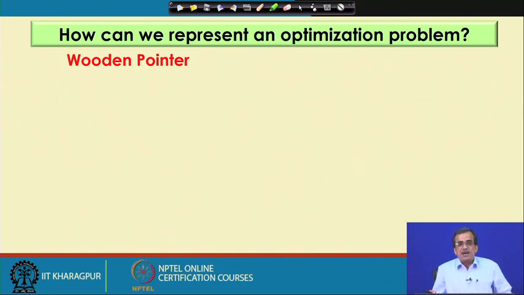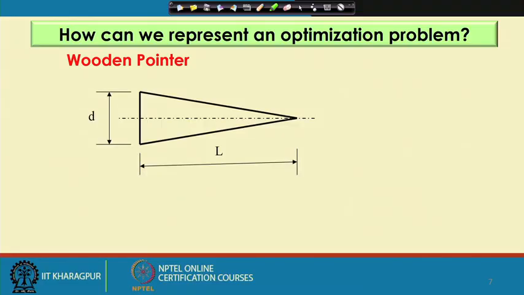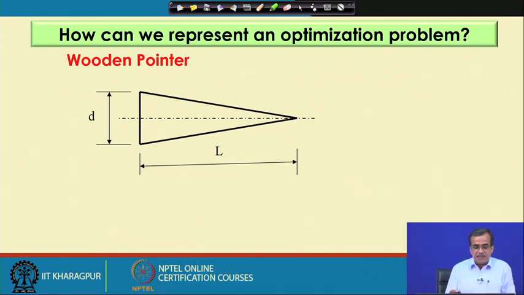That means we will have to find the optimal design of the wooden pointer, and how to represent it mathematically, that I am going to discuss. So, this is the schematic of one wooden pointer having conical shape. Here, d is the diameter of the gripping end, and L is the length of this particular wooden pointer, and this is the pointing end.